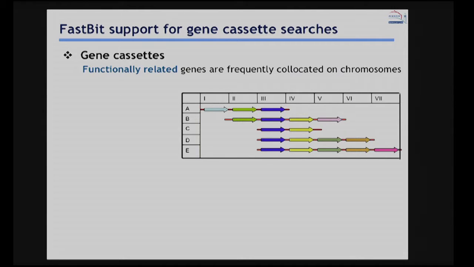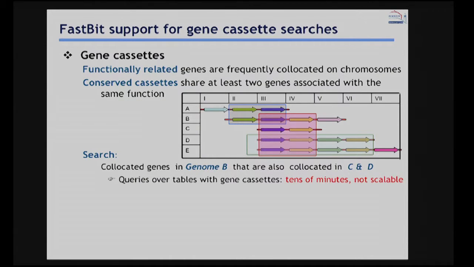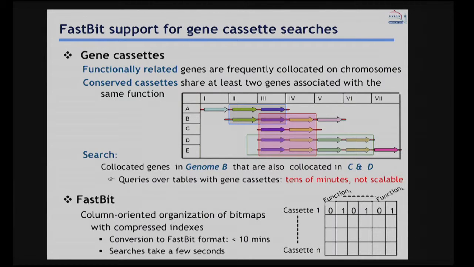In the relational database, of course, we store gene and function in each row. So if you want to do this analysis using a relational database, it's very slow. It can take tens of minutes and it's not scalable. What we did was use FastBit, developed by John Wu at Lawrence Berkeley National Lab.